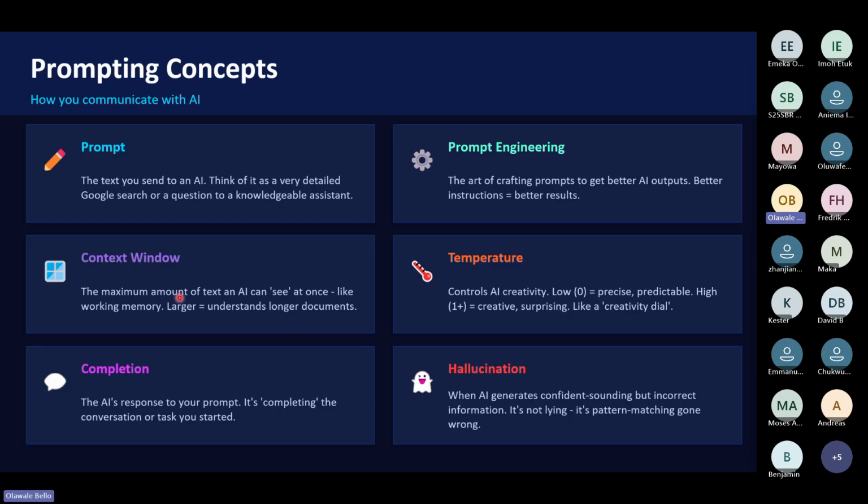Maybe the text we sent earlier, like what is the capital of England, and then we ask a follow-up question. Without the working memory, AI does not remember, but the context window is the amount of text that the AI can process or see at once.